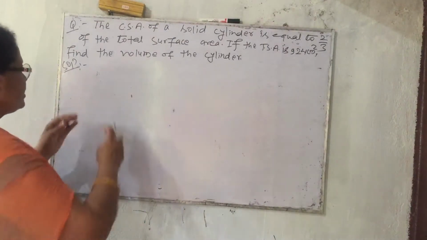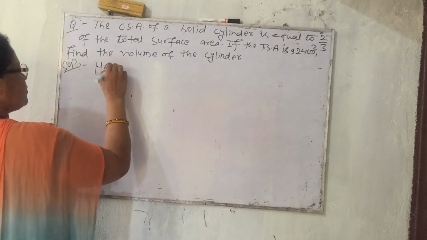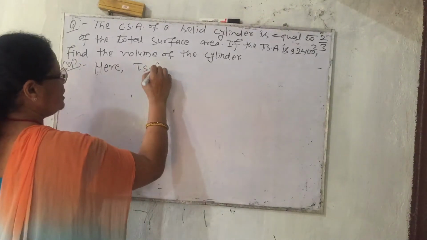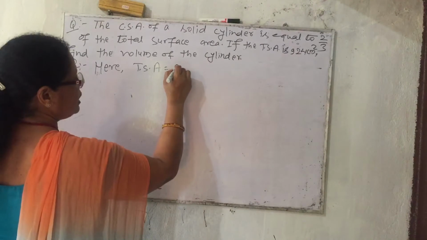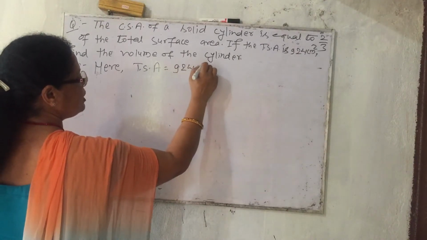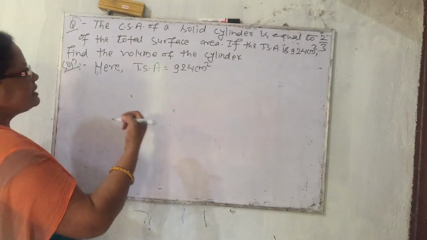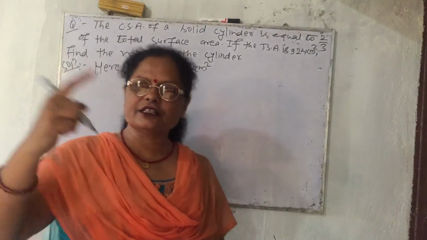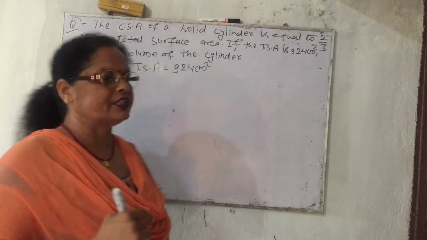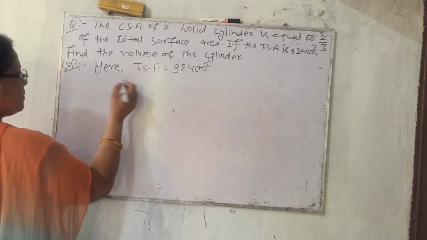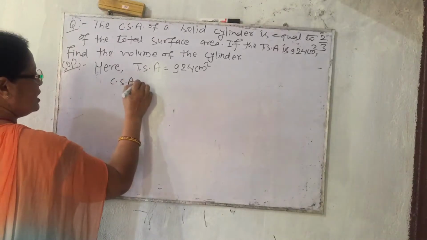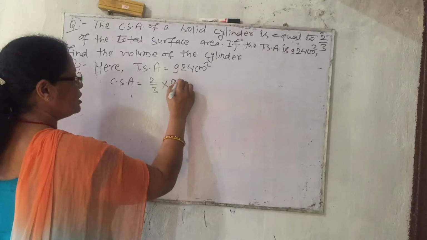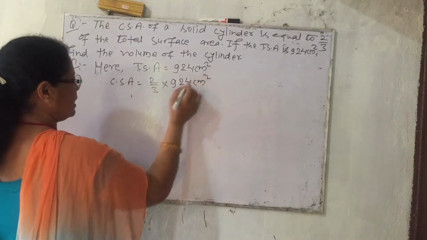Let's see here. TSA, total surface area, is given how much? 924 cm square. And what is it saying in the question? CSA is 2/3 of total surface area. So CSA equals 2/3 of 924 cm square.